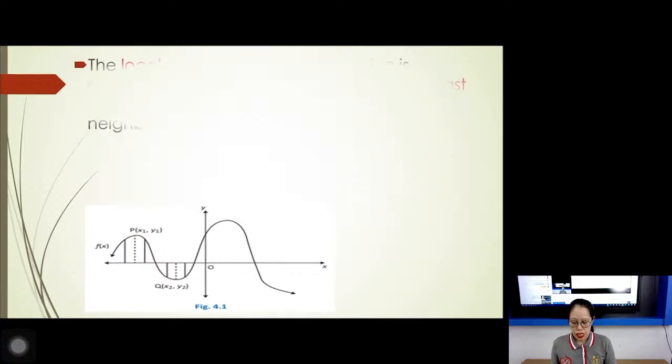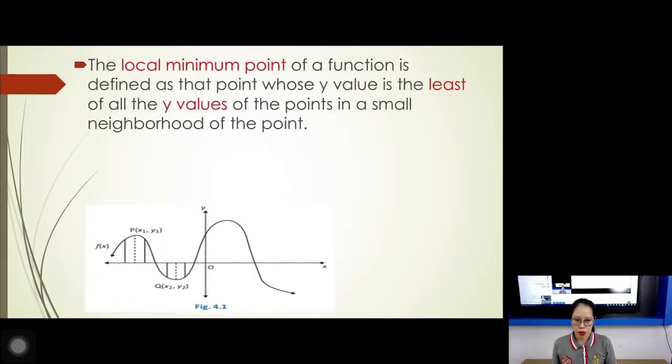Now, what about our local minimum? Of course, it's just the opposite of our local max. A local minimum is defined as the point whose y value is the least of all the y values of the points in a small neighborhood of the point.